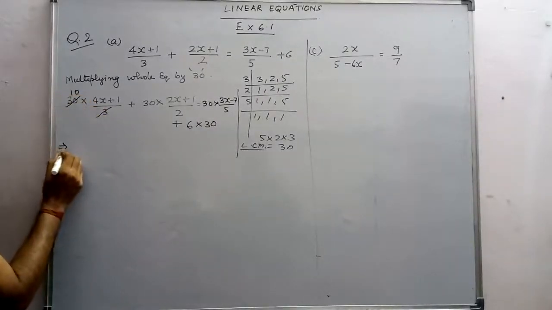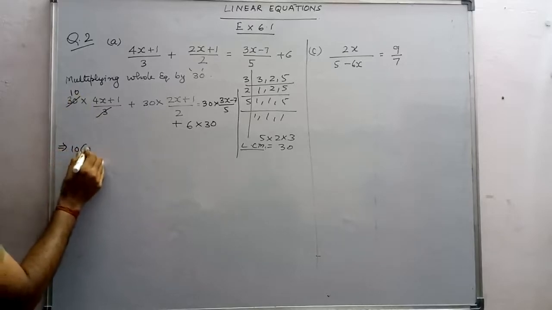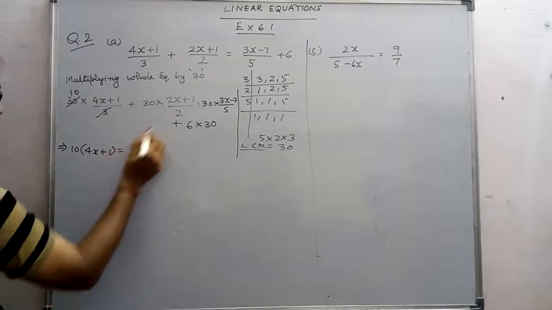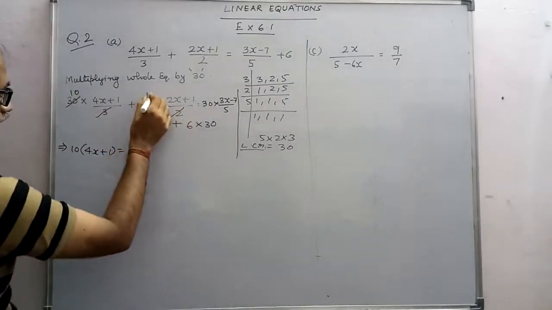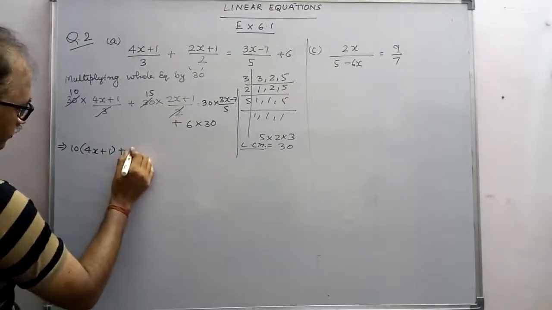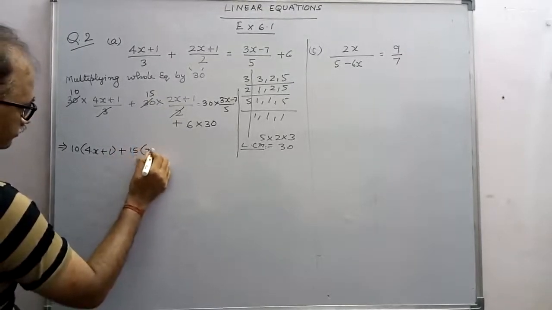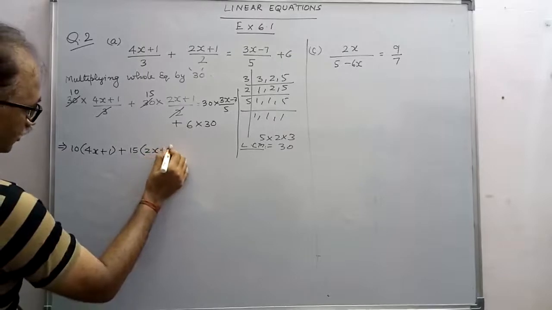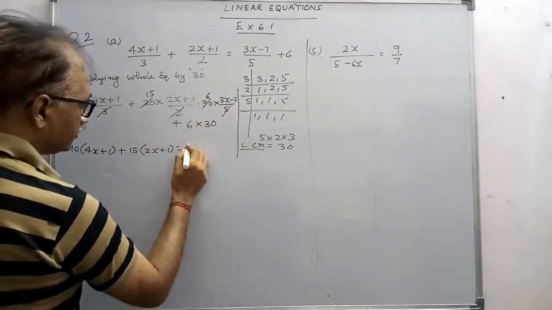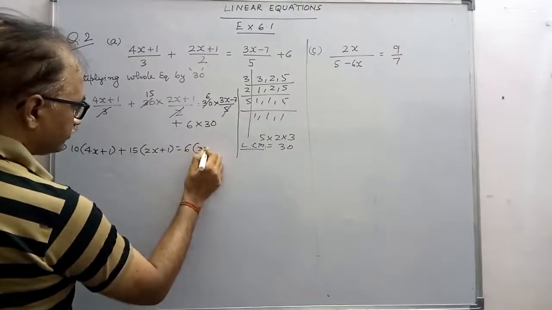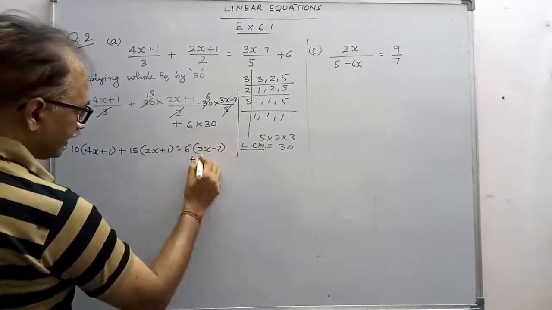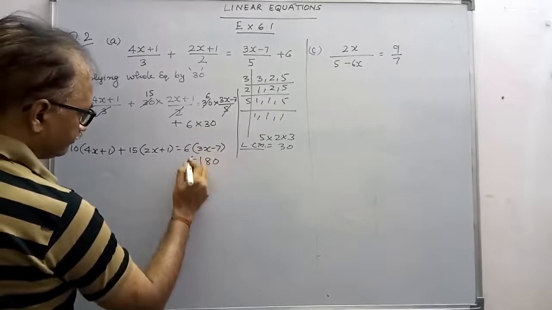This implies 10(4x + 1) plus 15(2x + 1) is equal to 6(3x - 7) plus 180.